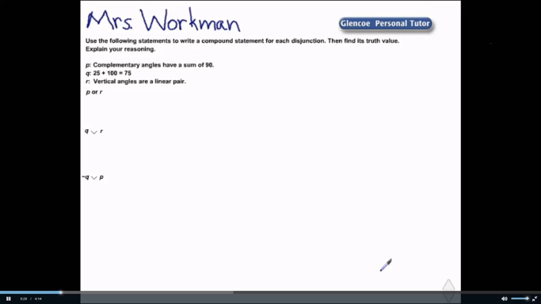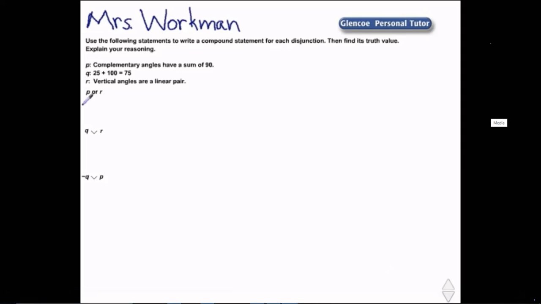Before we begin, let's recall a fact about disjunctions. For a disjunction to be true, at least one of the statements making up the disjunction must be true.